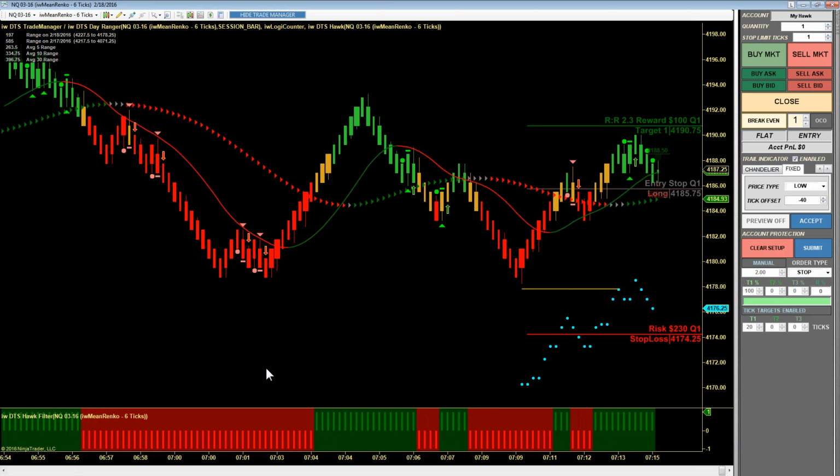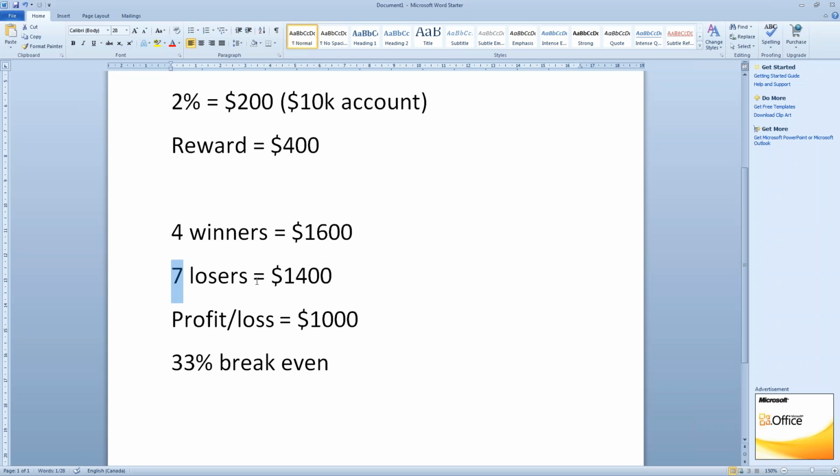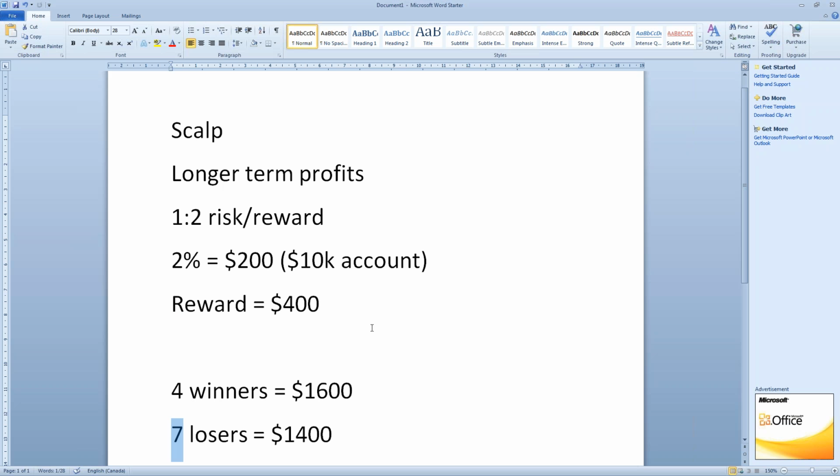Oh, that was the other thing I was going to mention to you that I forgot. How does break even start to skew these numbers? Well, the break even really starts to skew things in your favor. So let's say, for instance, that we're going to risk twice as much as we're looking for profit.